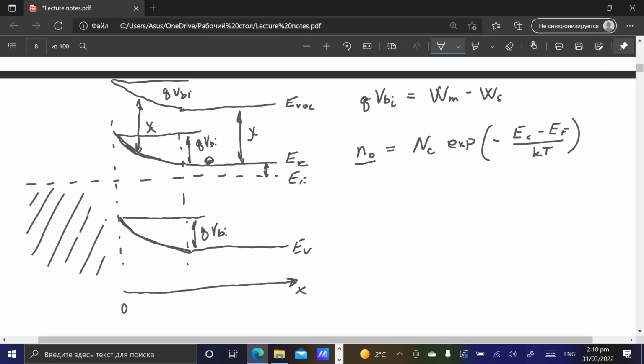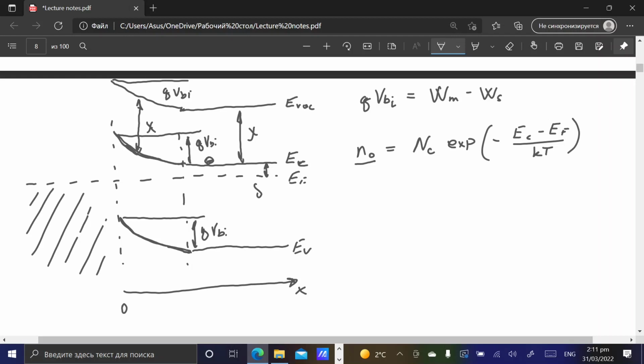And we also see that this is actually a function of x. It's changing. In the neutral part of the semiconductor, let's mark the depth of the Fermi energy position as delta.